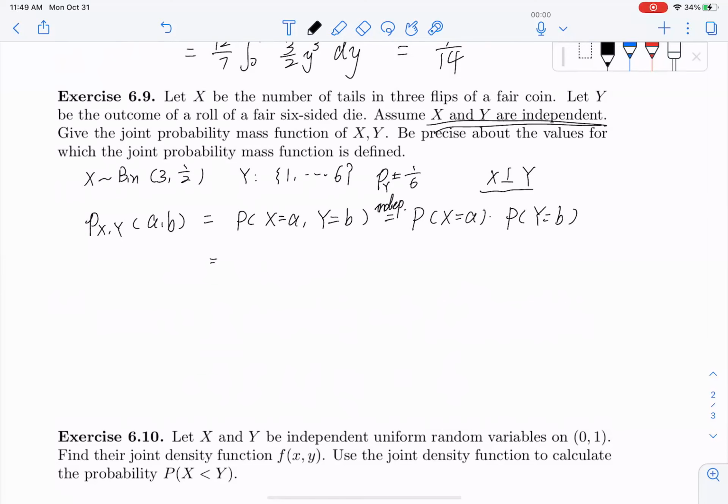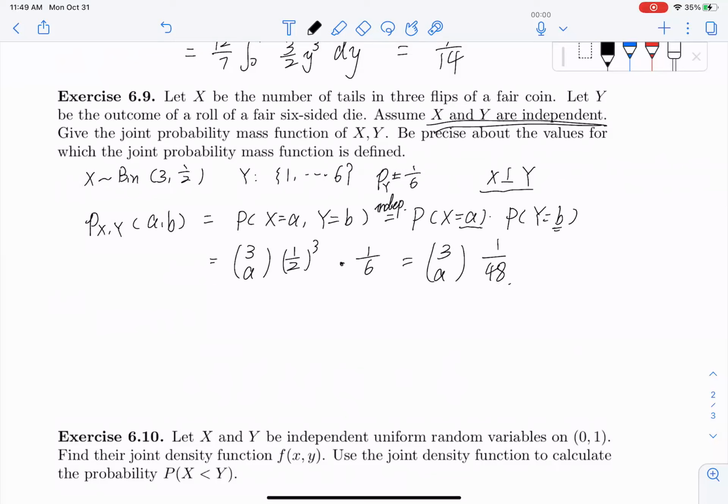So for X equal to a, the mass function is 3 choose a times 1/2 cubed, right? And for the second, no matter what the value of b is, it's always 1/6. So the answer is 3 choose a over 48.